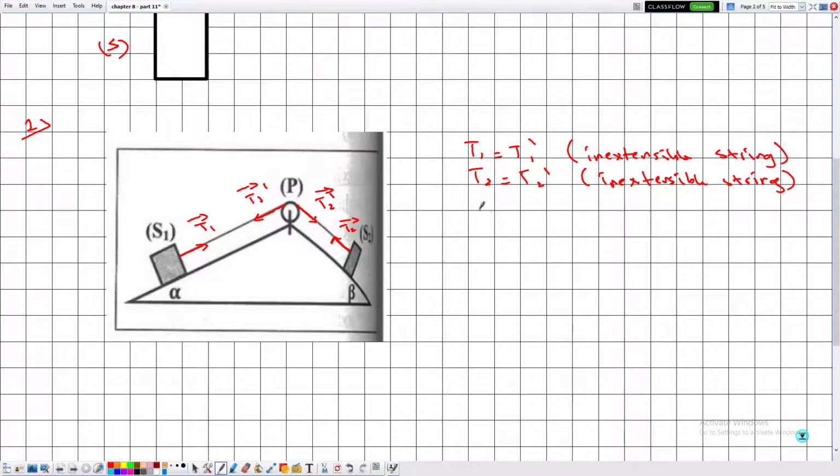And they might be equal if the following is true: if the string is inextensible and the pulley is of negligible mass. So this is the pulley.